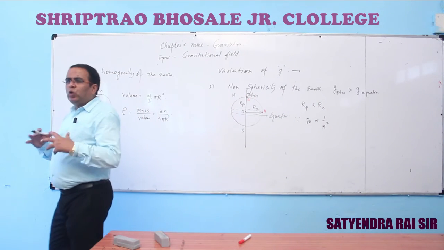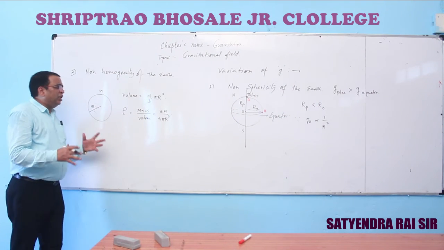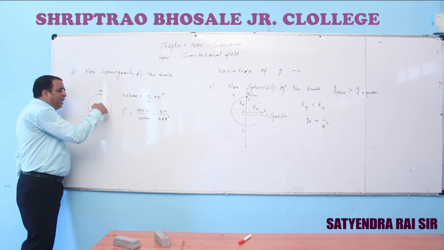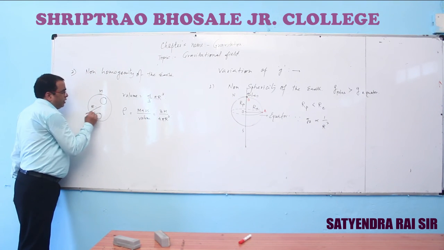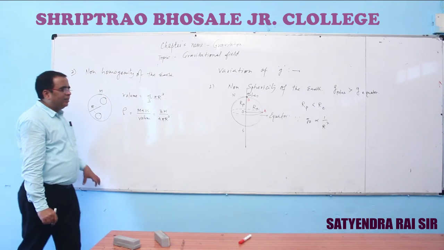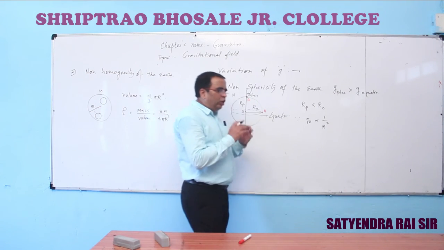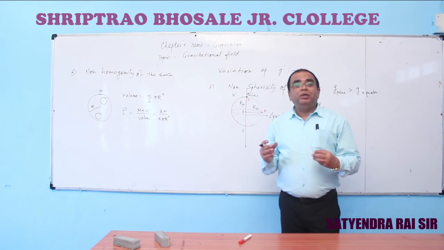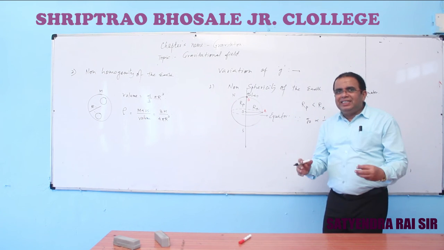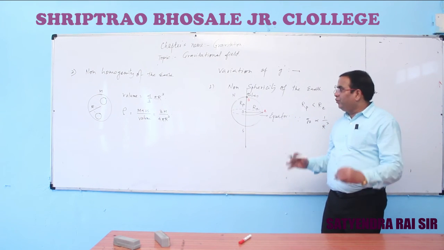Mines, coal, so many things are there. That means if I take equal volumes from different regions, you will not be sure that both these volume elements will have the same mass. Why? Because the density is not uniform.